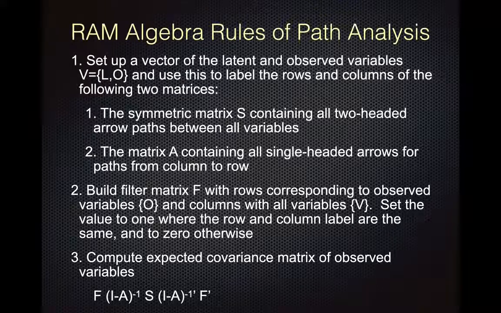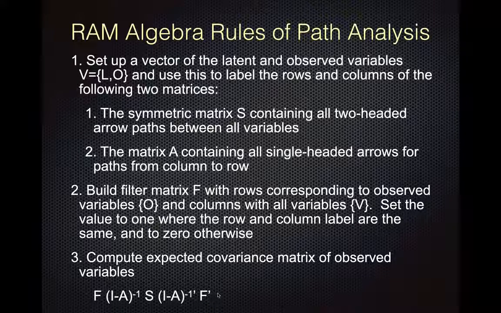So this organization is really just done in two matrices, one that will contain all the double-headed arrows and one that will contain all the single-headed arrows. And we then use the formula at the bottom of this slide to compute the expected covariance matrix.